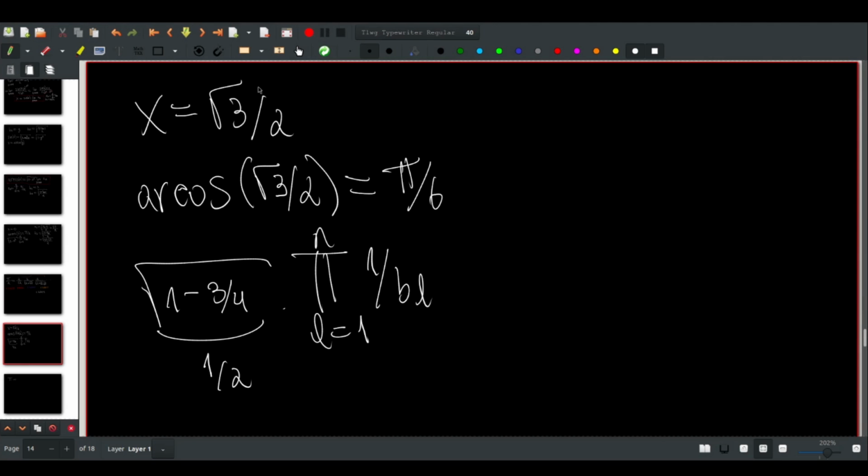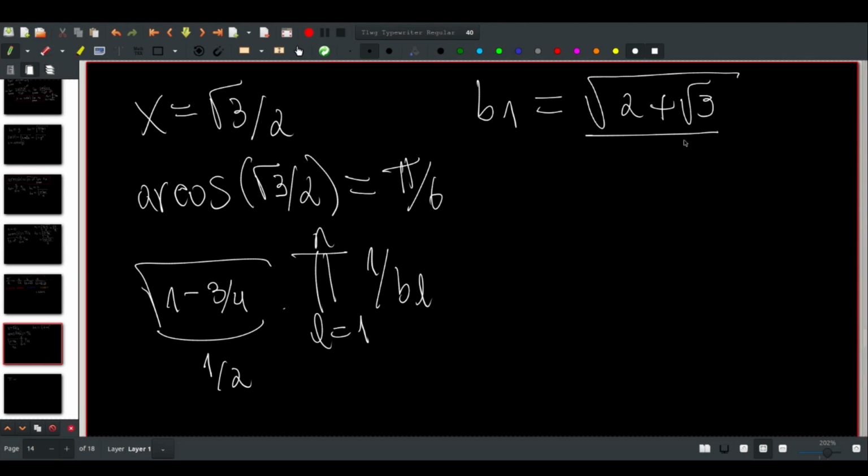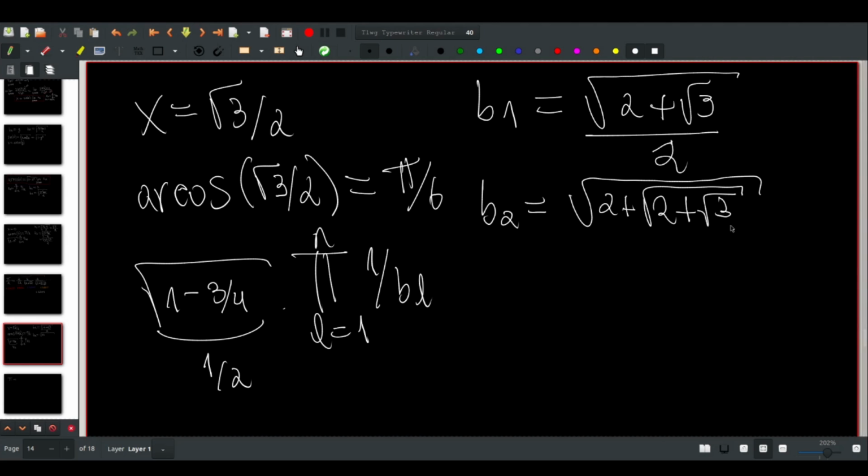But now B_0 is root 3 over 2. So B_1 is actually the root of (2 plus root 3) over 2. And B_2 now happens to be the root of (2 plus the root of 2 plus root 3), all that over 2.